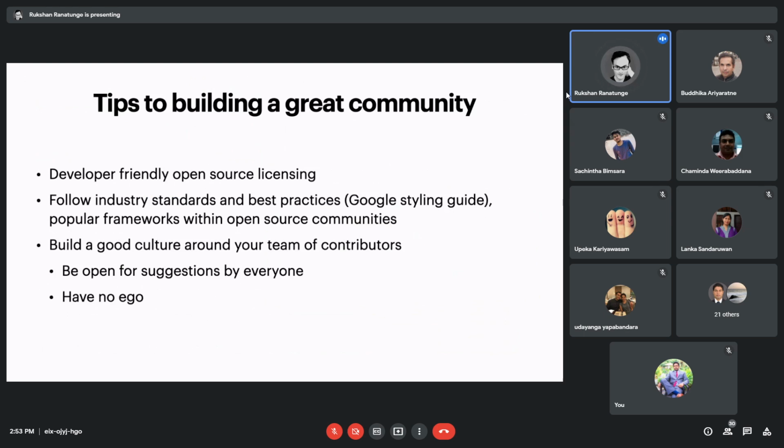And when it comes to building a great community around your open source system, you can use a developer-friendly open source licensing. There are several methods of licensing, so if you use a method that is attractive and encourages contribution, they will be more likely to contribute to a project. And you can follow standard technologies.